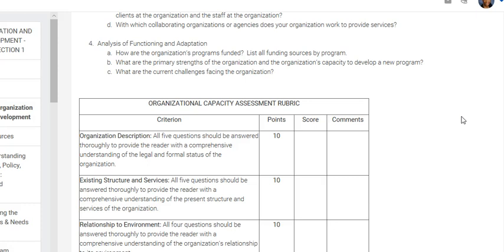So we have to understand operating expenses, what it takes to run an organization, program expenses, what it takes to run a program, personnel costs, which are always your biggest part of any budget, and then fundraising expenses, because to raise money costs money. We have to sit down and think about where is our income coming from.